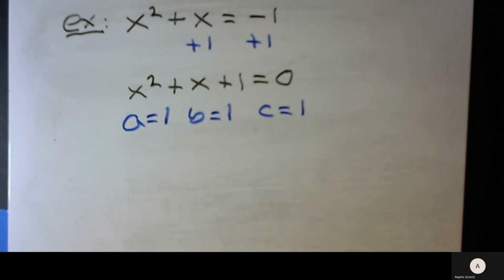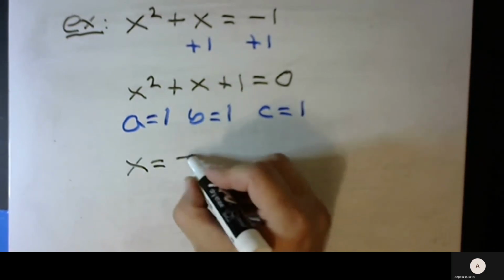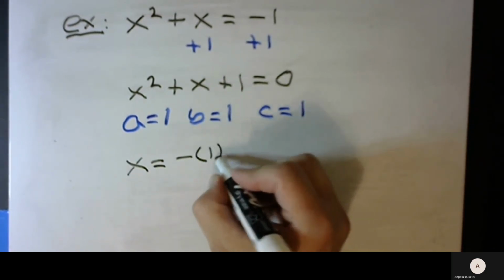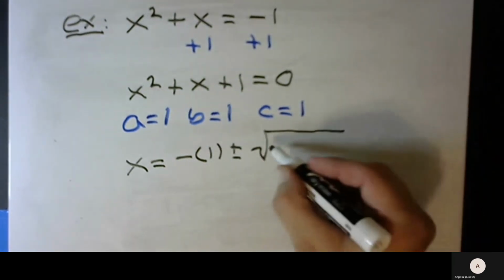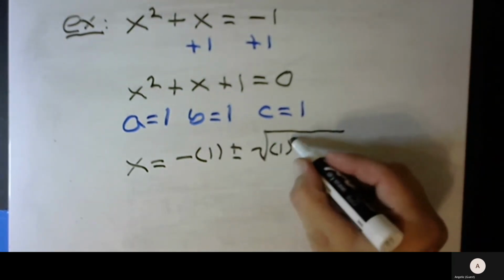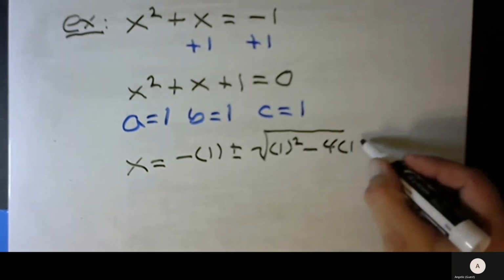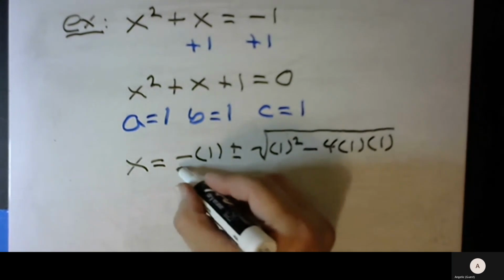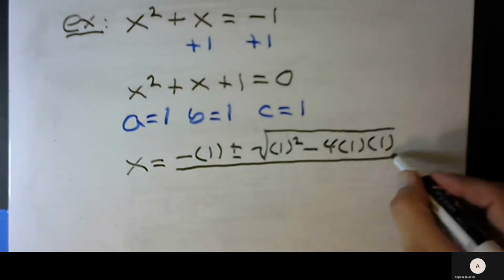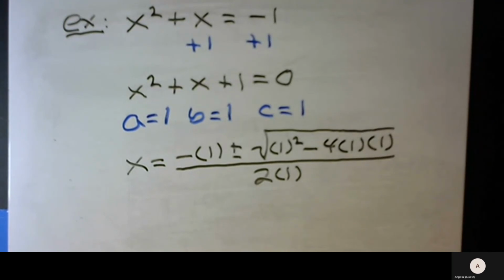Now, plugging that into the quadratic formula, we get x is negative b plus or minus square root of b squared minus 4 times a times c divided by 2 times a.